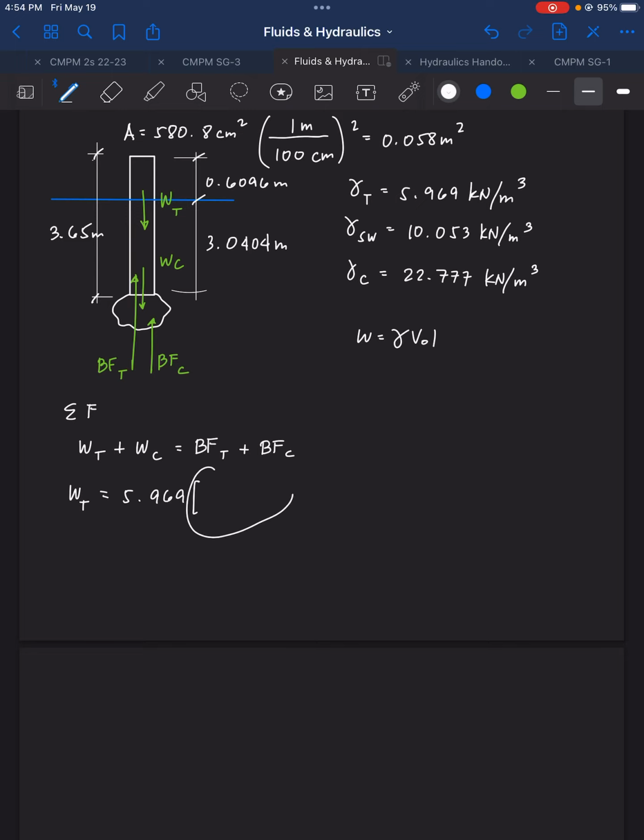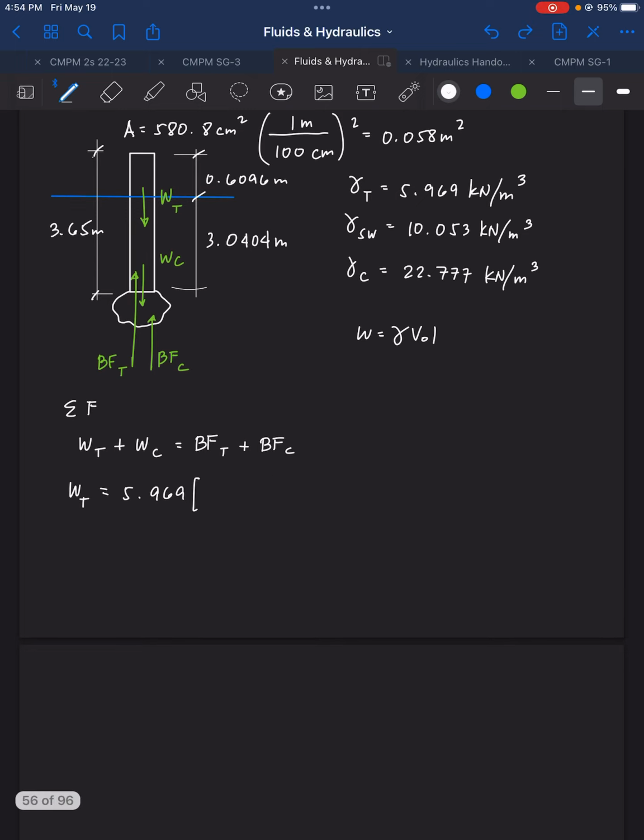So here this bracket will become the volume. So volume of timber is the base, 0.058 times the height 3.65. That is equal to 1.26 kilonewton.